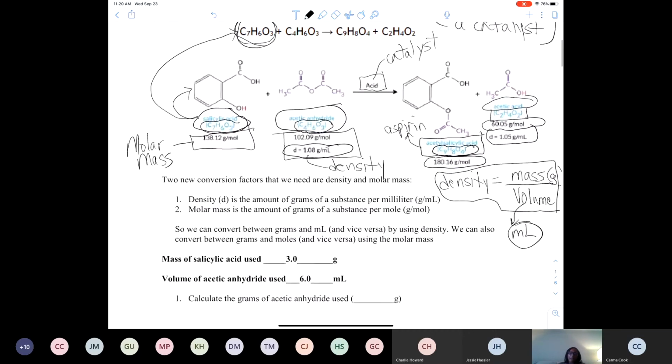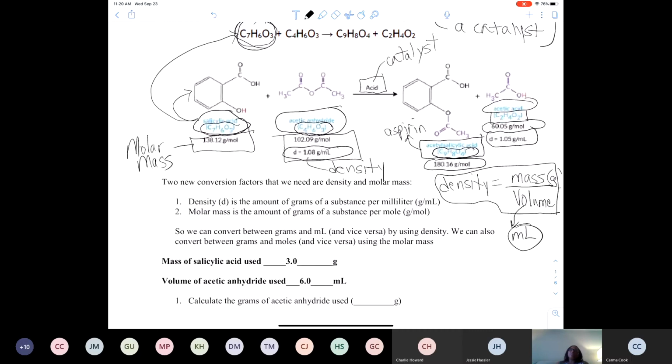And so we talked about molar mass being the number of grams of a substance per mole of that substance. Note the word per that I used. That should remind you of a fraction. Density is the number of grams of a substance per milliliter of that substance. And so we also said that conversion factors are fractions.